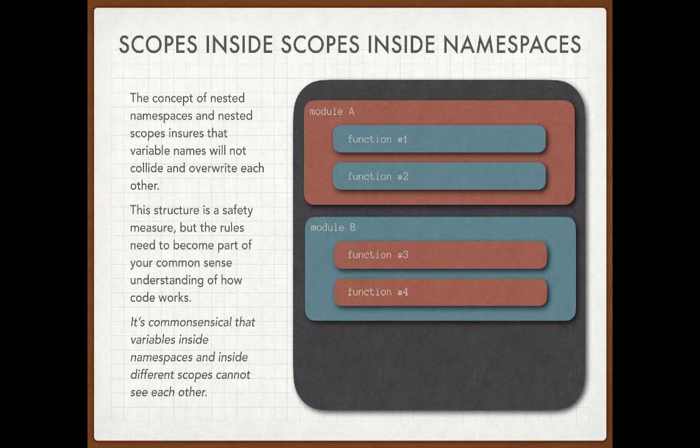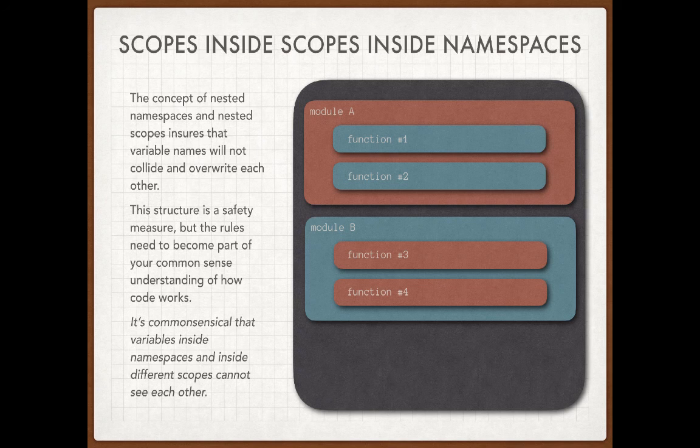Now, module A and module B, the scope, if we want to call it a scope, is actually a namespace. So module A creates its own namespace. Module B creates its own namespace. And in fact, the black box of my big Python program has its own namespace.